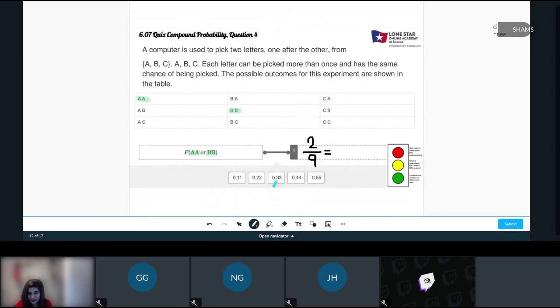This is what I got when I used the calculator. You just divide 2 by 9 and you get 0.222 repeating. Any questions?